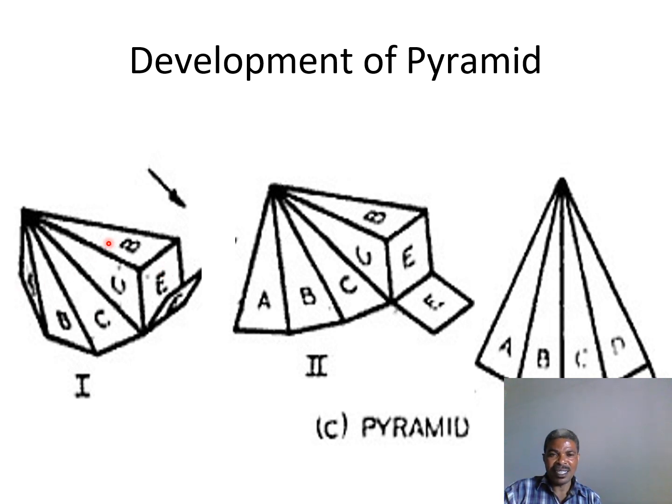You can see if you unfold it, it looks like this. So we'll have the sides like A, B, C, and D, and the bottom part of it. So in totality, you will have such a kind of development for a pyramid, A, B, C, D, and E for the bottom part of our pyramid.